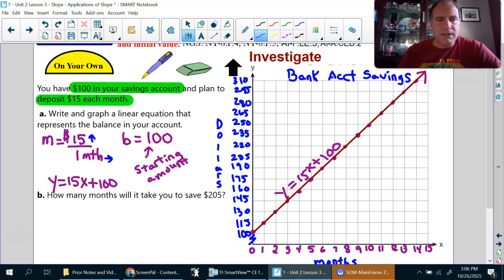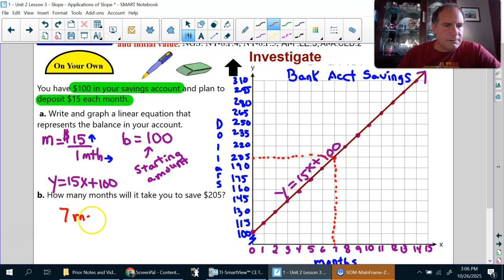How many months will it take you to save $205? Well, we can just go ahead here and say, okay, here's 205. And I'm going to go there to the line that I drew, and I'm going to go straight down. And then I use the graph: 7 months.